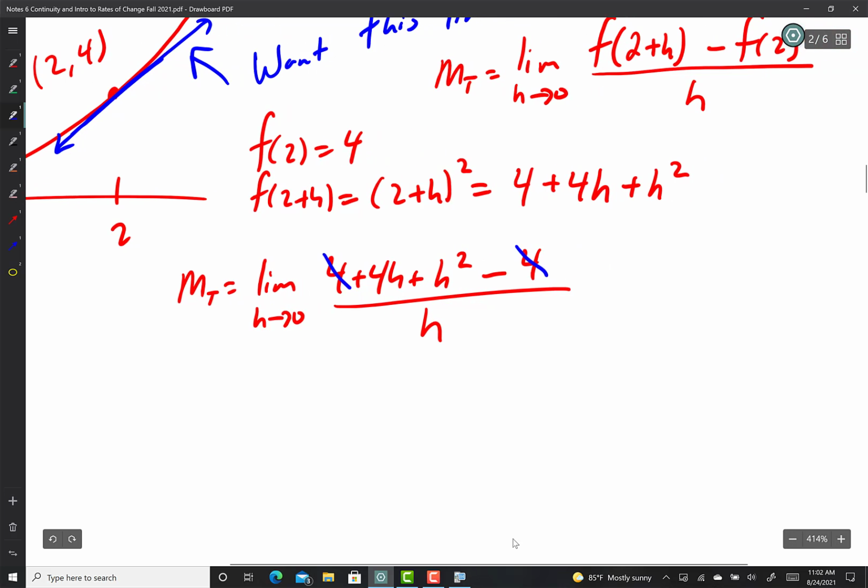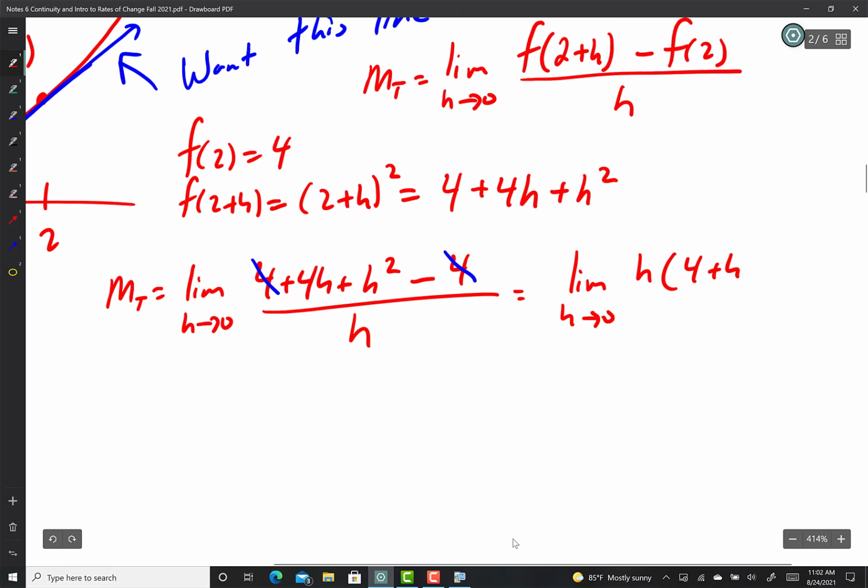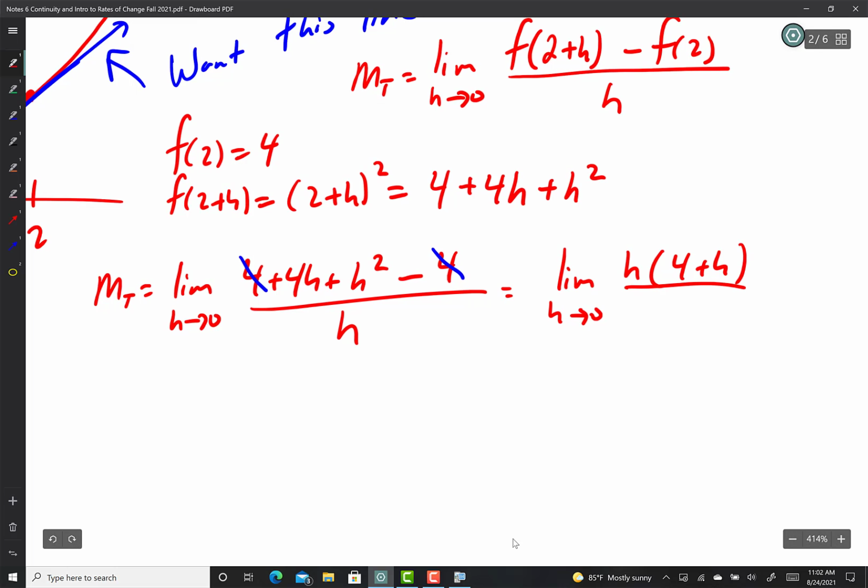I can factor out an h, so let's go ahead and rewrite it again. Limit as h approaches 0, h factored out, 4 plus h, actually that's it, all over h. And then what's going to cancel? The h's. Now can h approach 0? What's my limit? So that is my tangent slope.